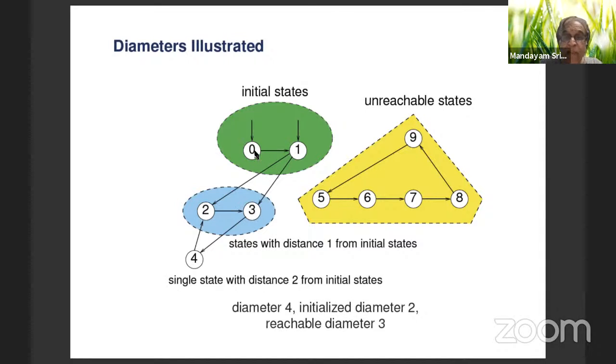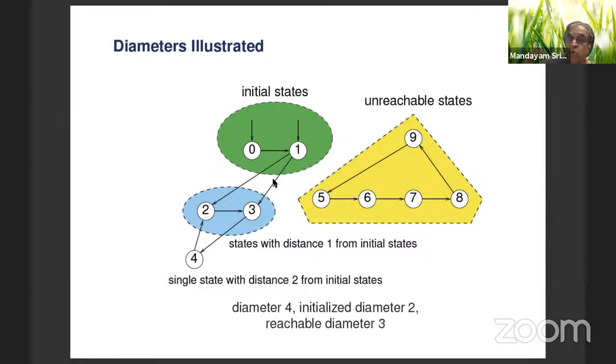For example, the path from 0 to 3 is of length 1, 2, and 3, and to reach 2 there is also a longer path, even from 1: 1, 3, 4, and 2. But now you must see the motivation for why we define distance as the shortest path.